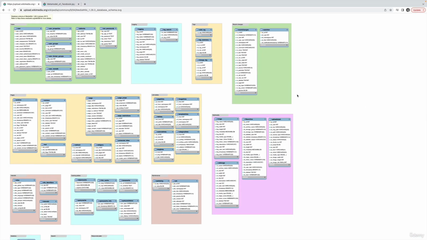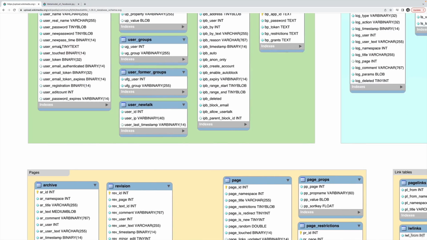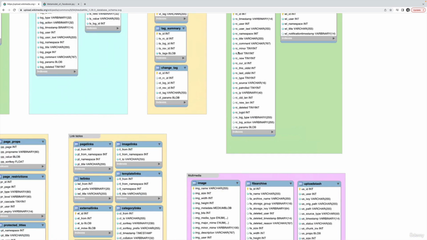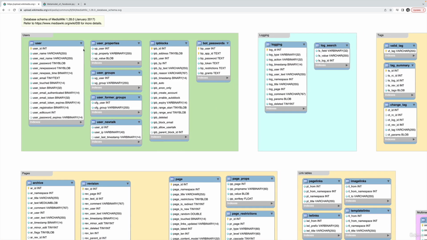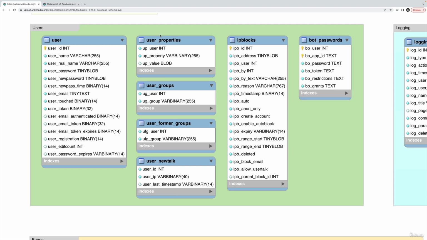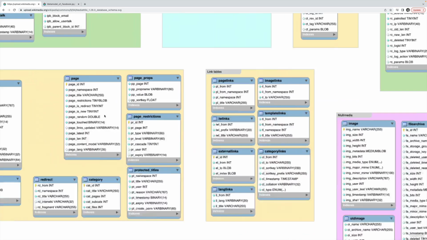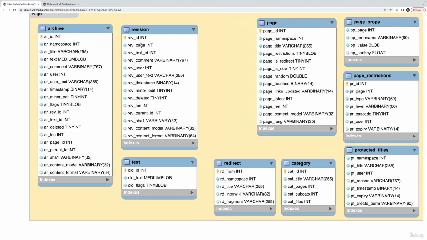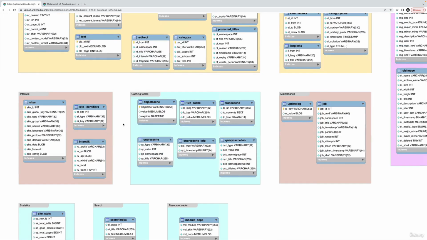Here are some simple-ish examples. This is some of the tables that exist in the Wikipedia SQL database. Now, this is coming from Wikipedia. It could be out of date, but we'll see things like user. Every user has a name and a password and an email and a whole bunch of other things. But then we have pages, Wikipedia pages, right? And Wikipedia revisions, because people can revise pages.